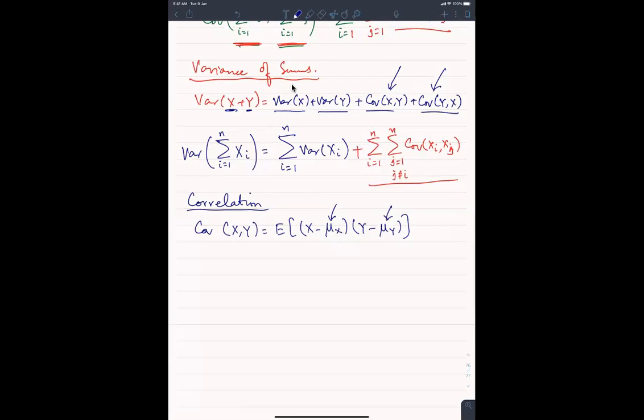If I ask you for the covariance of 10x with y, this is basically 10 times the covariance of x and y.